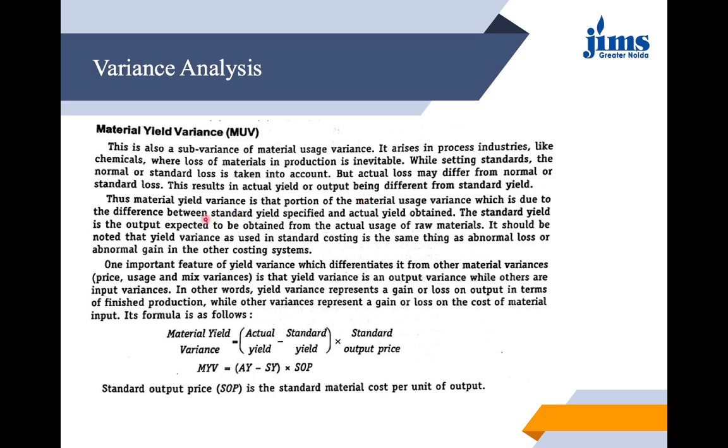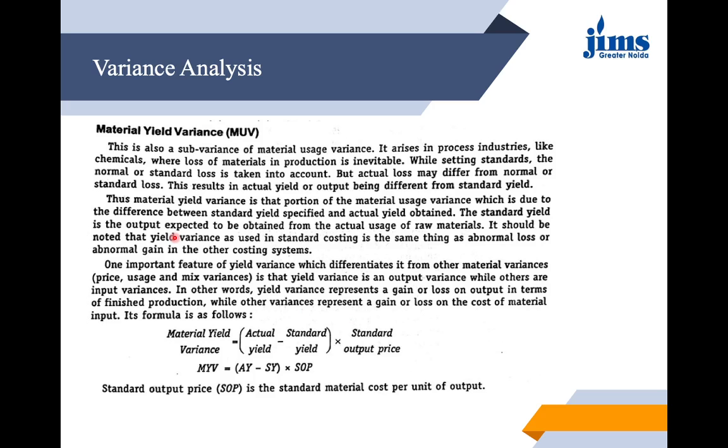So standard yield is the output which is expected to be obtained from the actual usage of raw materials. It should be noted that the yield variance as used in standard costing is the same thing as normal abnormal loss or abnormal gain in other costing systems. One important feature of yield variance, which differentiates it from other material variances, may be price, usage, or mix variance, is that yield variance is an output variance while others are input variances.